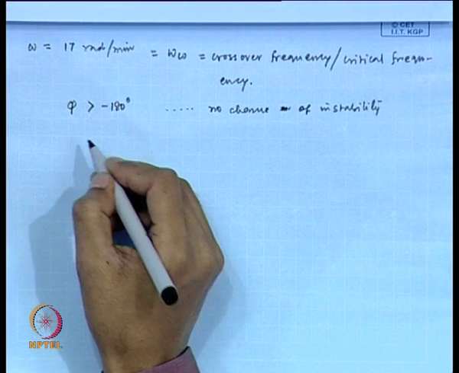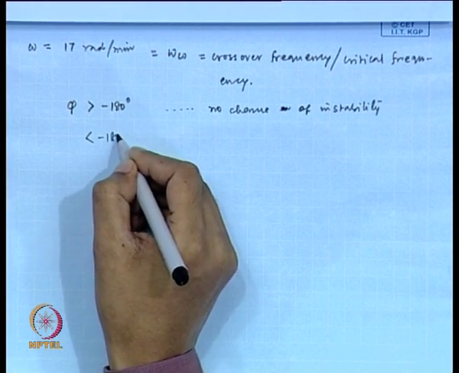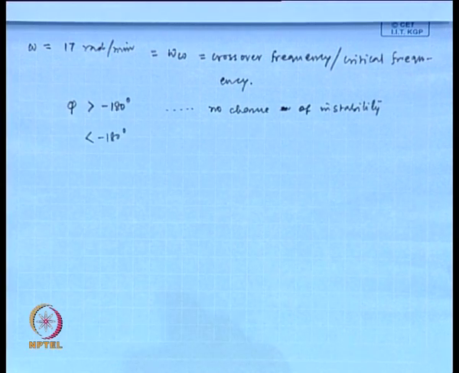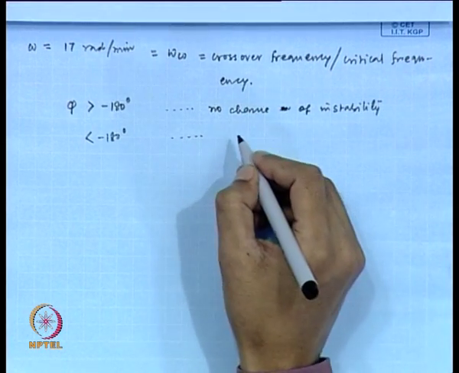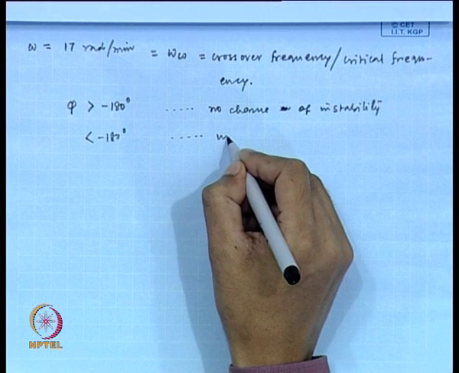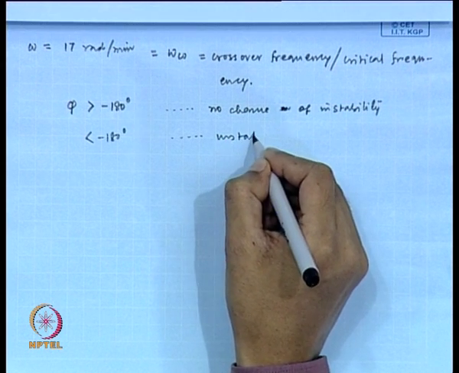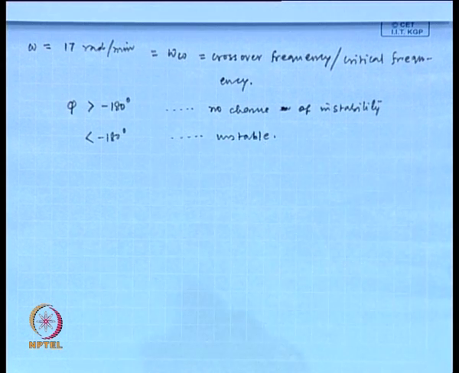Only when phi is less than minus 180 degree, there is a probability of instability, that is, an unstable system. Therefore, we can say that phi equals minus 180 degree is the critical value.